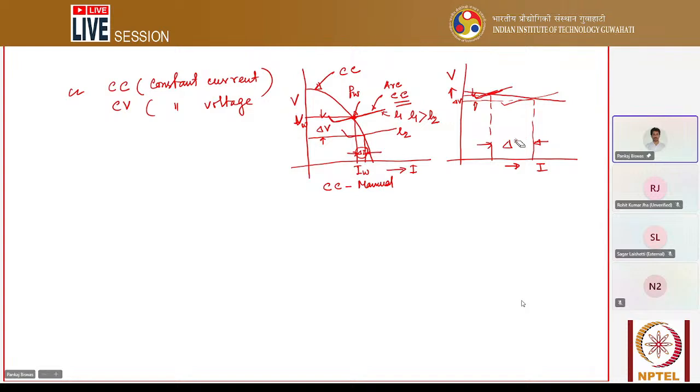Due to this huge variation of current, what happens? Your burn rate automatically increases. Heat generation increases as well as burn rate, and your arc length will regain its original position automatically.